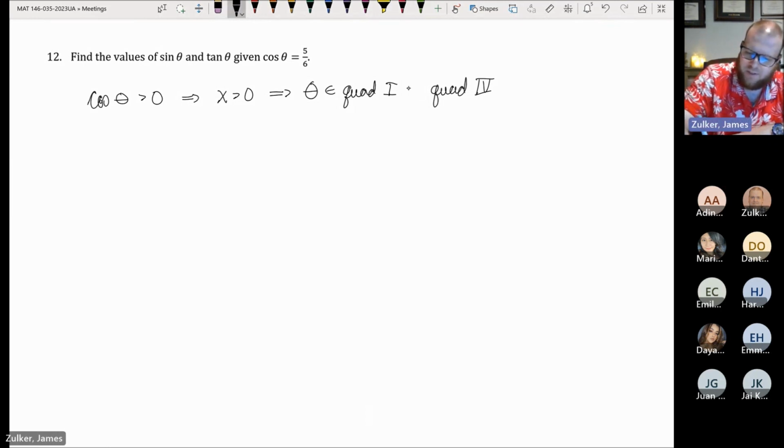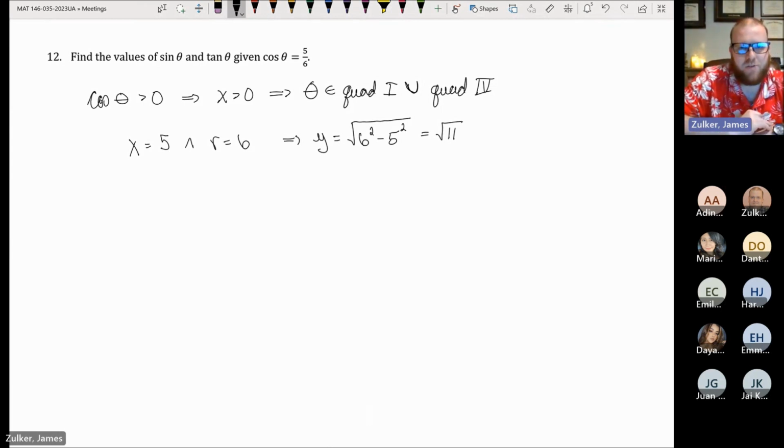That should actually be a union because these are sets. So that's going to be important. All right, so we know x is 5. We know r is 6. y would be the square root of 6 squared minus 5 squared, which is square root of 11.